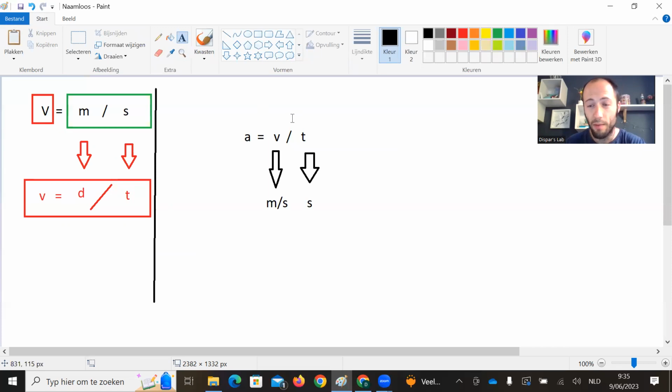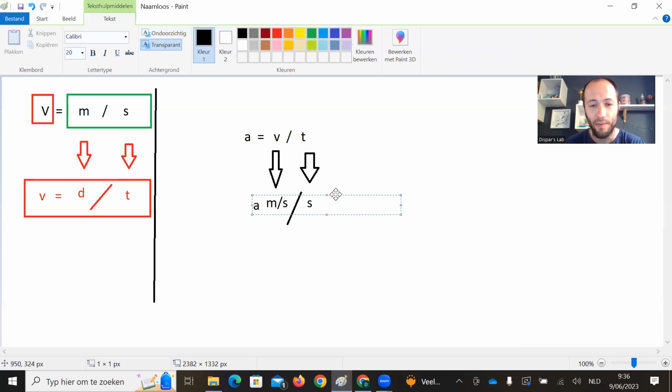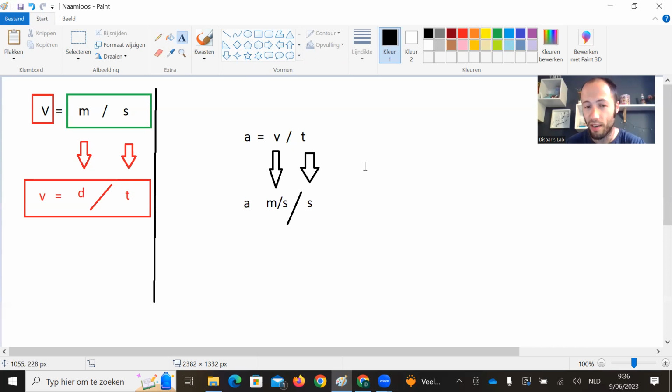So velocity over time is the same as saying meters per second over seconds. So acceleration is meters per second every second. Your meters per second, which is the unit of velocity, is changing every second.